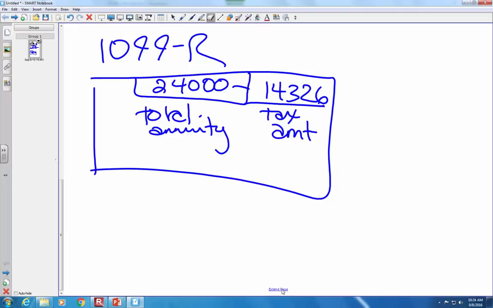Okay. What does the math look like? Everybody with me? 16A and 16B on your 1040. This amount's going to go in 16A. This amount's going to go in 16B.